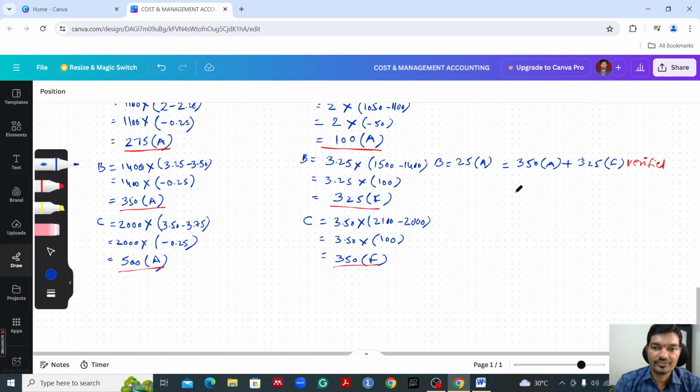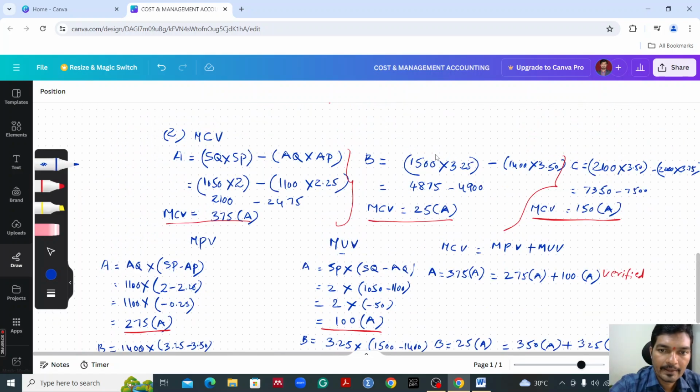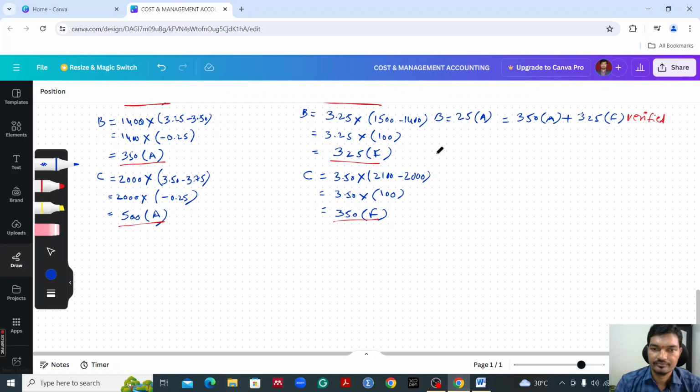So coming to product C, the MCV for product C is 150 in adverse, and the MPV for product C is 500 in adverse, and the MUV for product C is 350 in favorable, positive value.